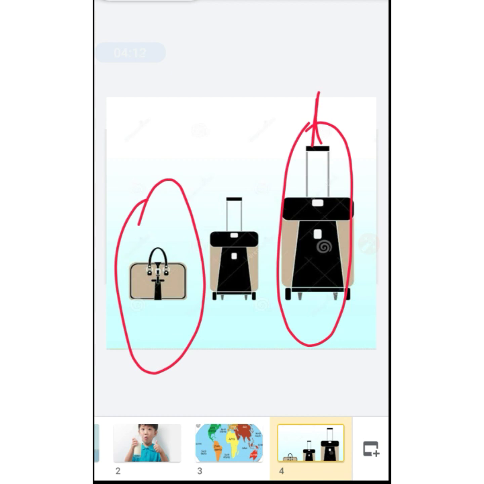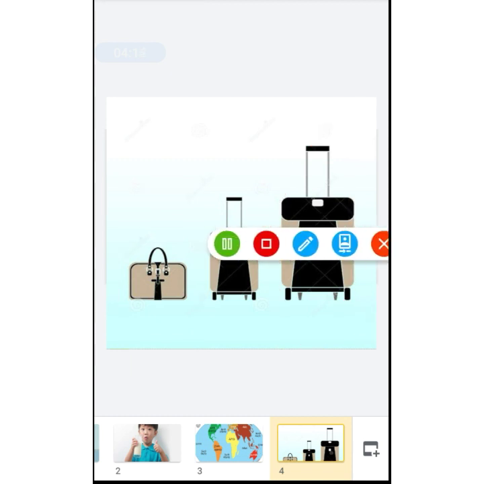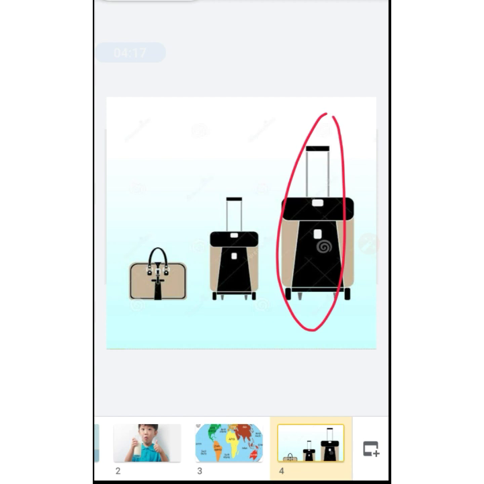Yes, you are right. Your brother or sister who is taking the bigger bag can hold more stuff. But keep in mind that the bigger the bag is, the heavier it is.